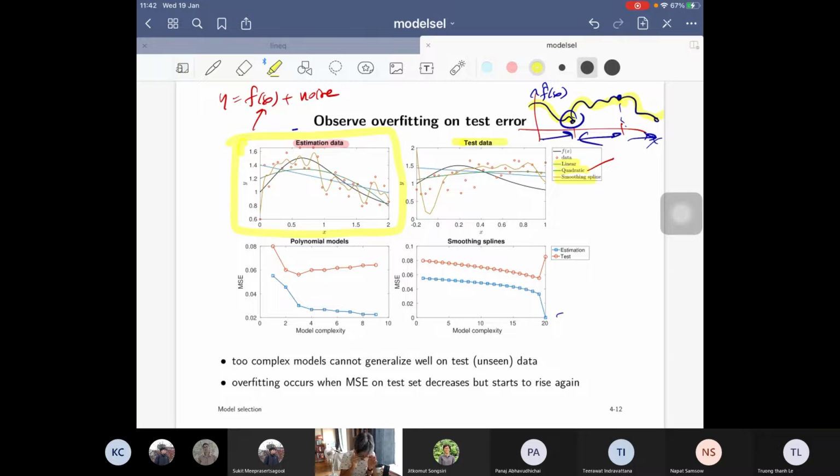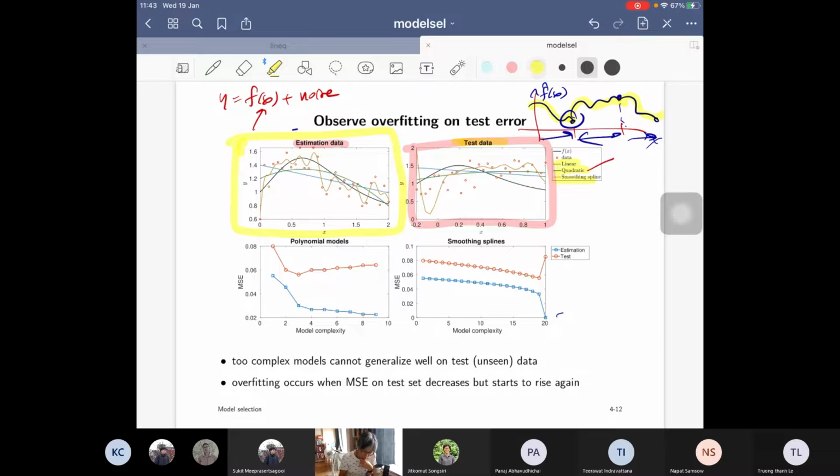Better than the linear, right? Looking at the test data, what do you see? Now it's not very clear-cut that the smoothing spline can explain the pink data points on the test data set.